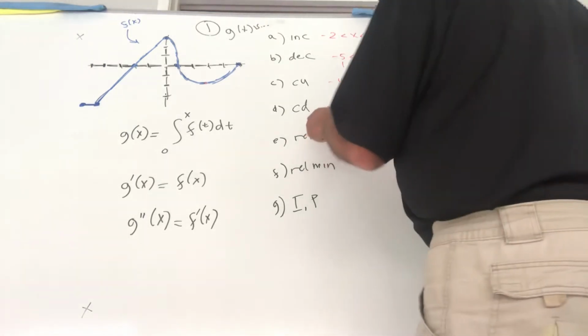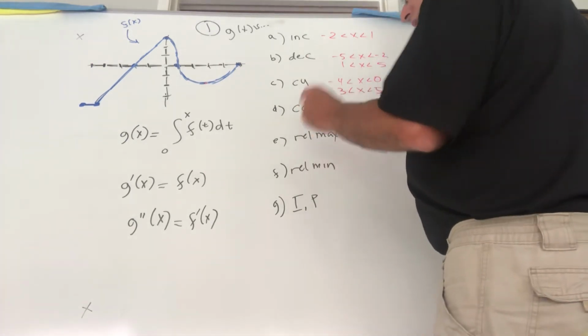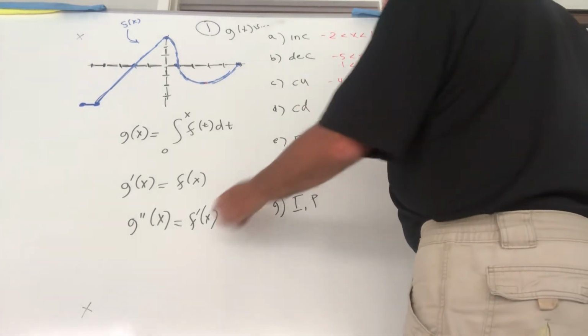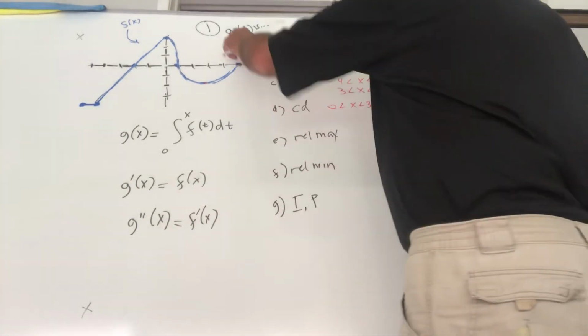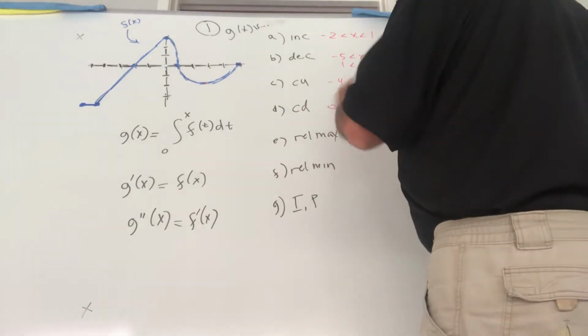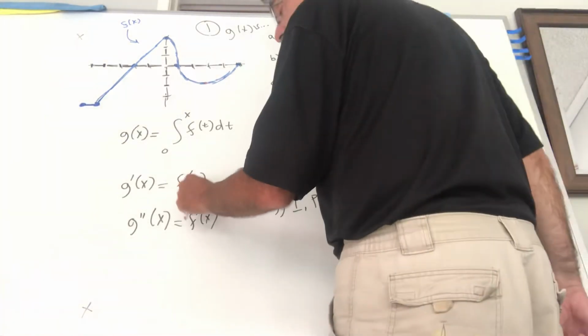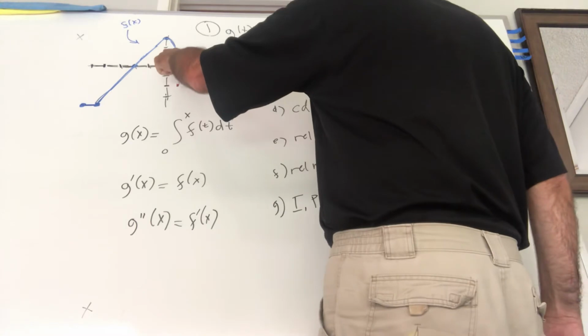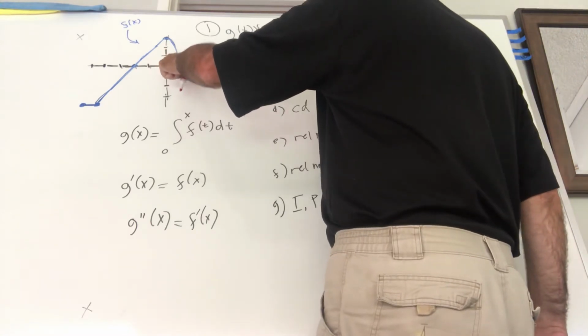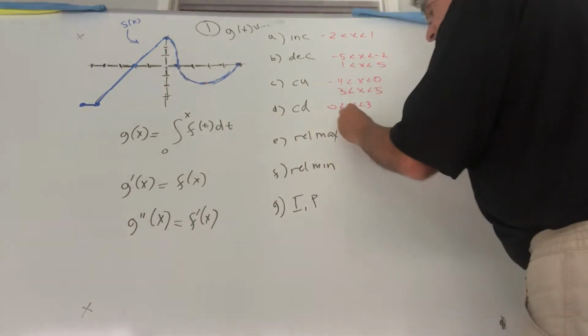Okay, relative max. A relative max is when g's derivative changes from positive to negative, or when f changes from positive to negative, right here. It goes from positive to negative right there. Basically looking for the derivative of 0, right? So right there, 1.